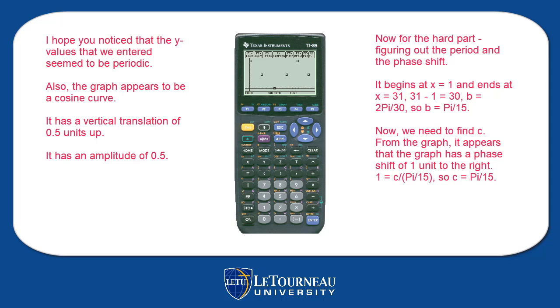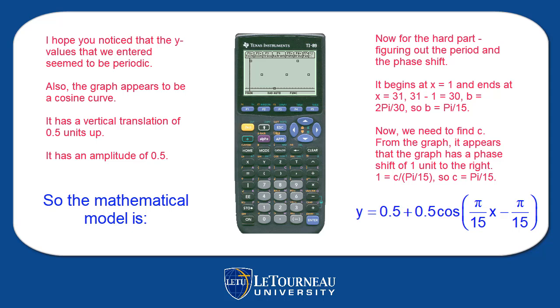If you need to, stop the recording and go through all of this and make sure that you understand it, because what we've got here is that our mathematical model will be 0.5 plus 0.5 times the cosine of pi over 15 x minus pi over 15.